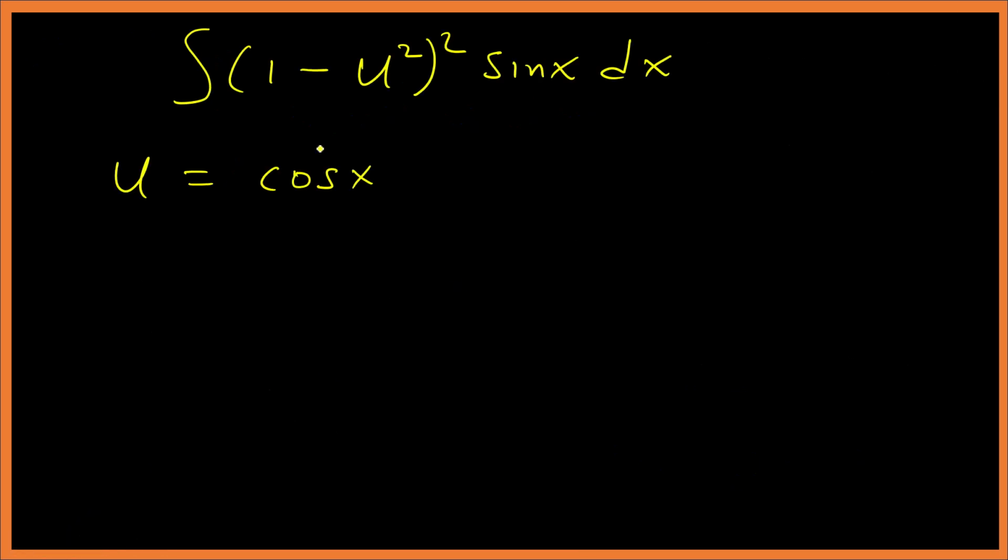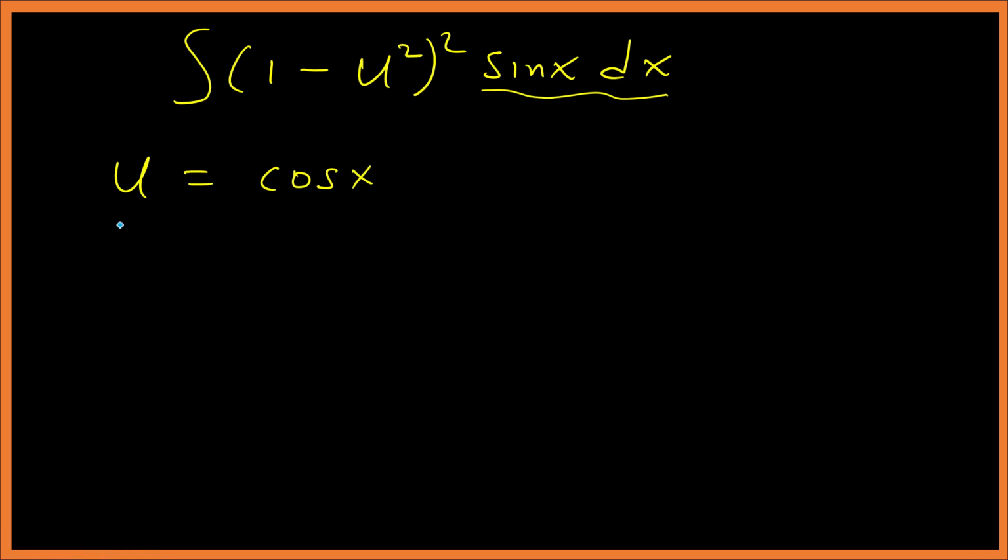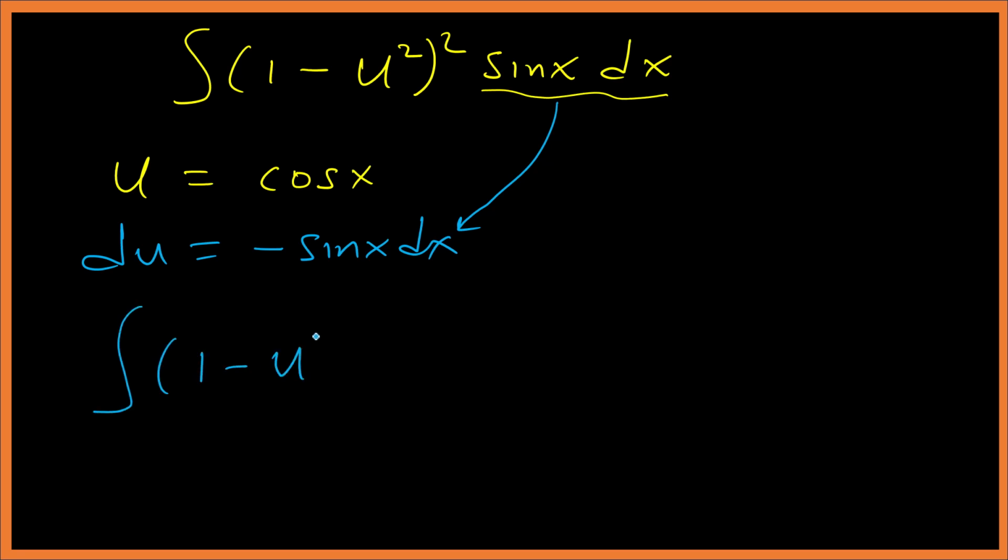Now the next thing is to make everything in terms of u, so we have to get rid of this sine x here. Since u is cos x, we will take the derivative of this, so du will be minus sine x dx. So we have sine x here, so we can do substitution. We have the integral of 1 minus u squared.